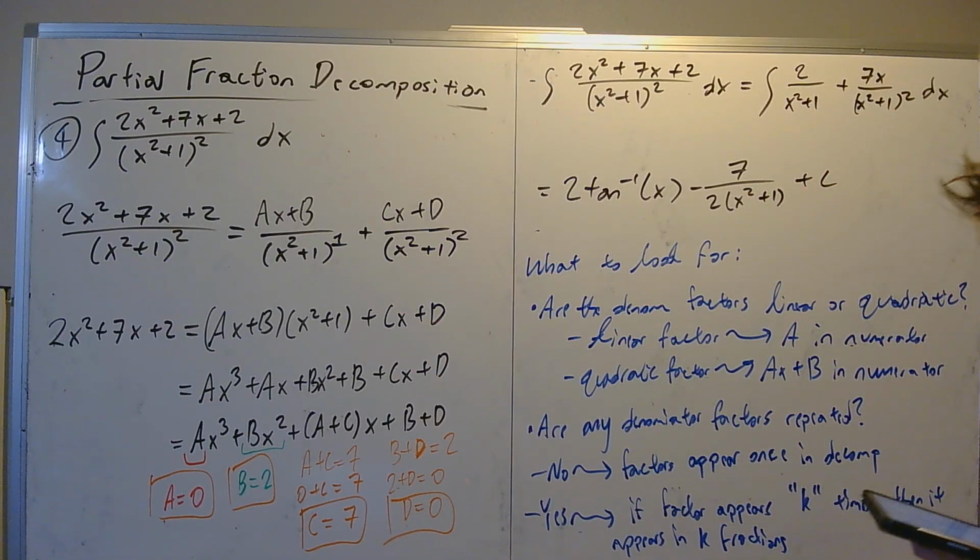Right, so an example was, let's say you have something like x squared plus 1 to the power of k. Then what you have to do is write something over x squared plus 1, plus something over x squared plus 1 squared, plus, and then you just keep going until you get something over x squared plus 1 to the power of k.